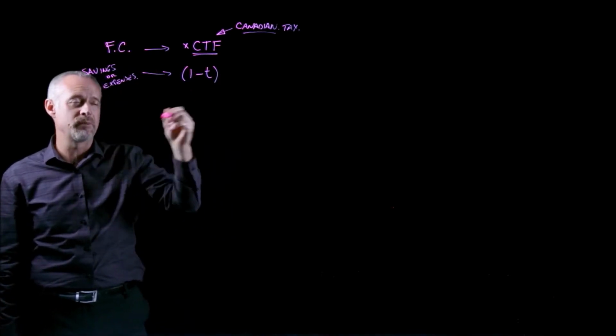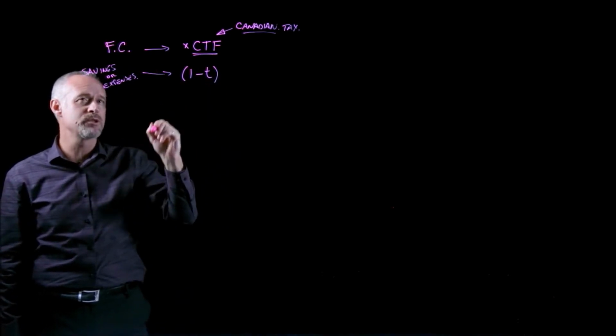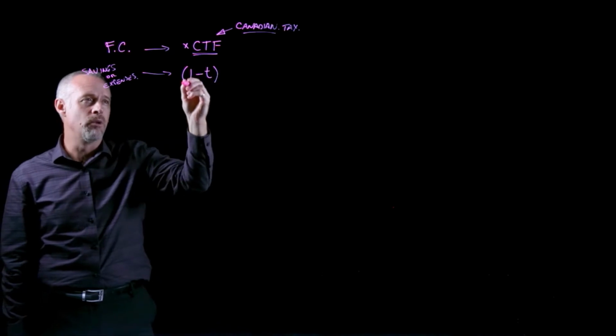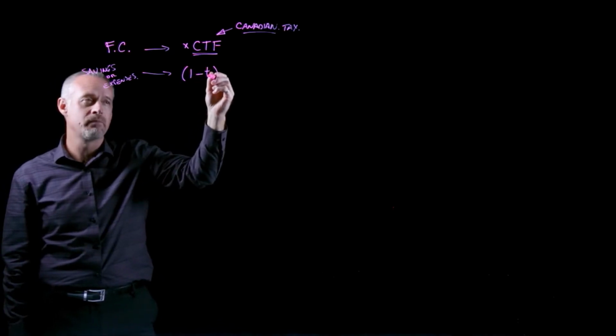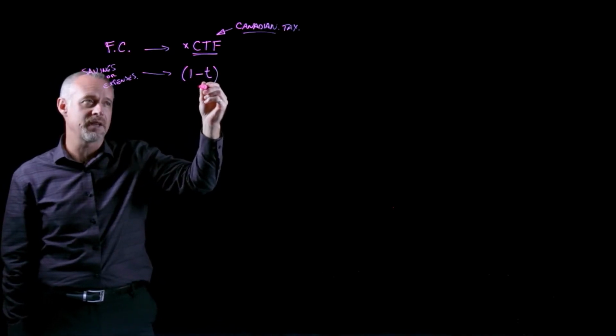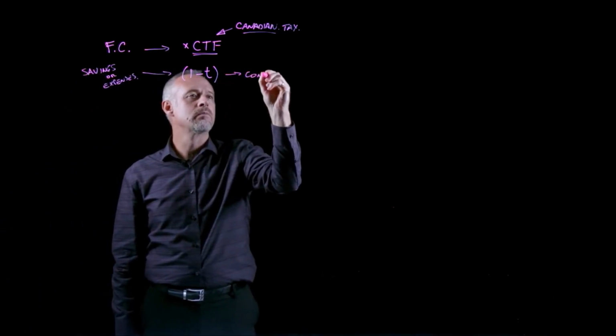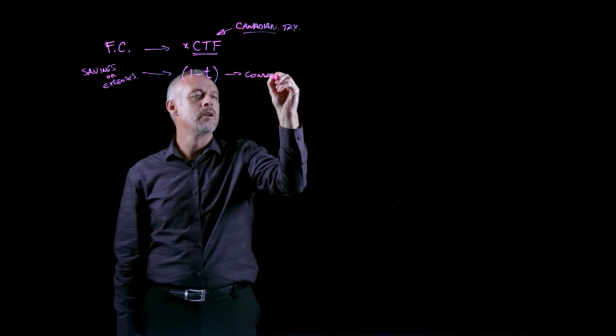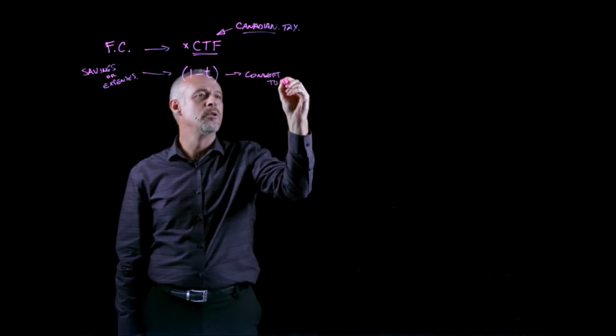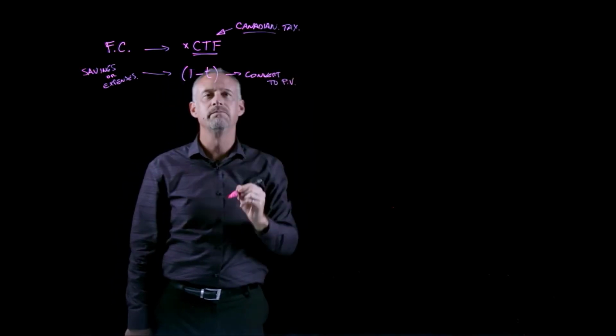This is something that perhaps you've seen before by now in the course. So we take these cash flows, multiply by 1 minus t, and then we can call them after-tax cash flows, and then we have to convert to present value.